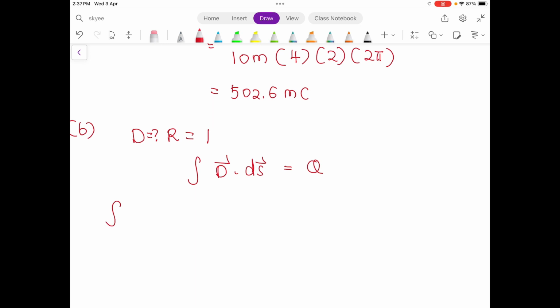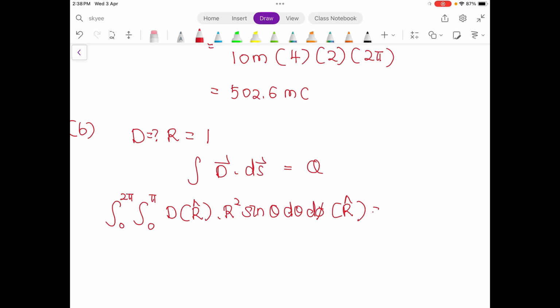For the left hand side, we will have our D in the radial direction, dot with R squared sine theta d theta d phi in the R direction, over the interval 0 to pi, 0 to 2 pi.